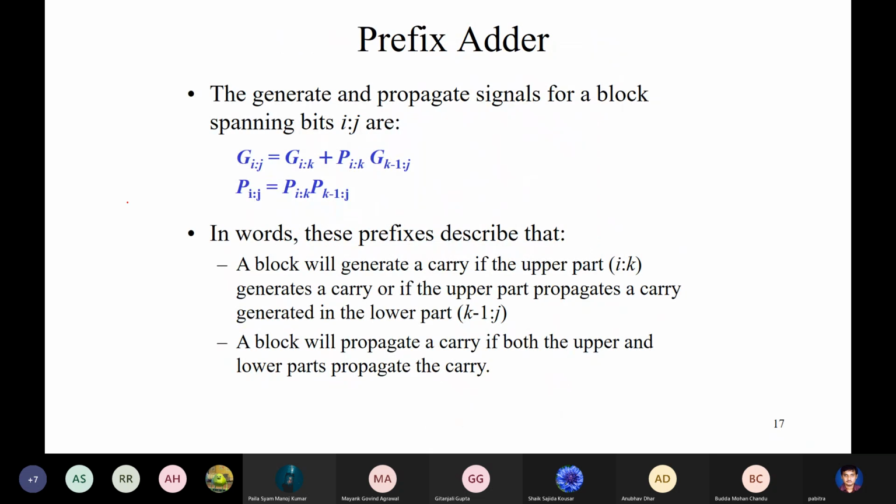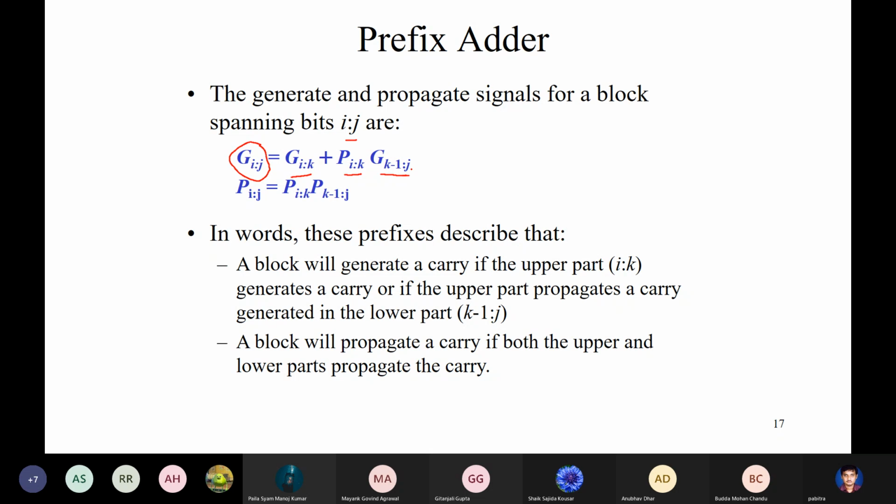Let's say we want to generate the G and P for bits spanning I to J, the bits from the ith to the jth position. How that is expanded is that the generate from I to J is the generate from I to K plus the propagate from I to K times the generate from K minus 1 to J, the previous block.